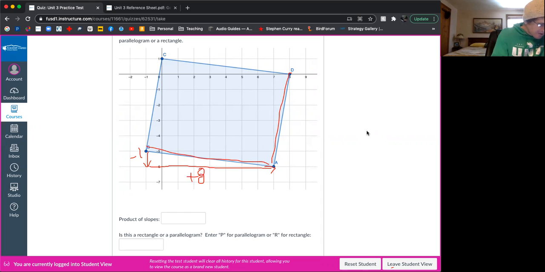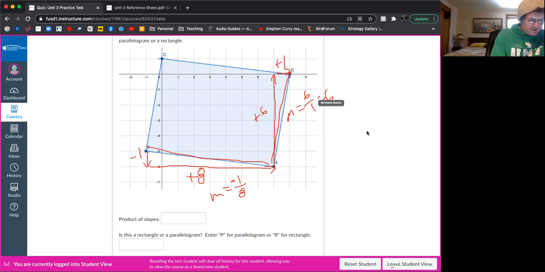So this is a slope of -1/8. Going from A to D, I'm going up 6, I'm sorry, up 6 to begin with, and then right 1. So this has a slope of +6/1, which is just 6.